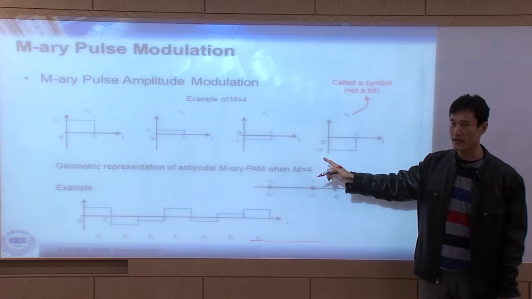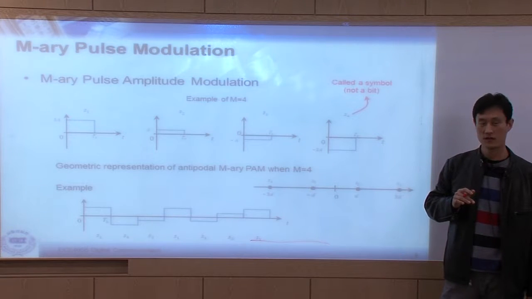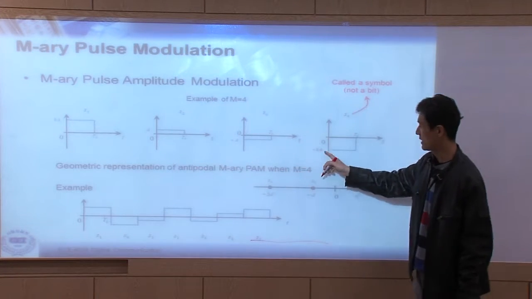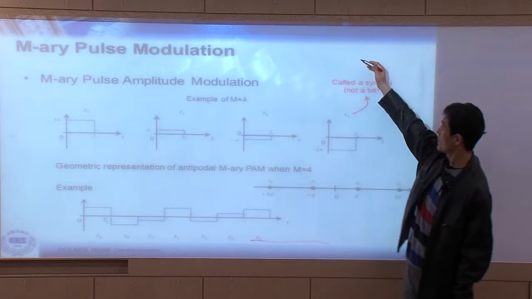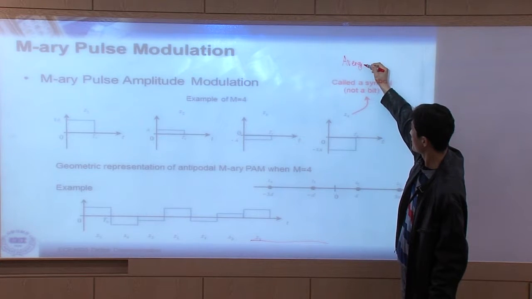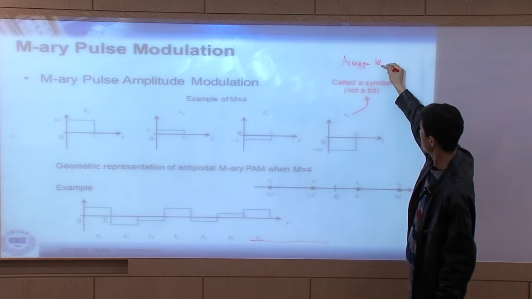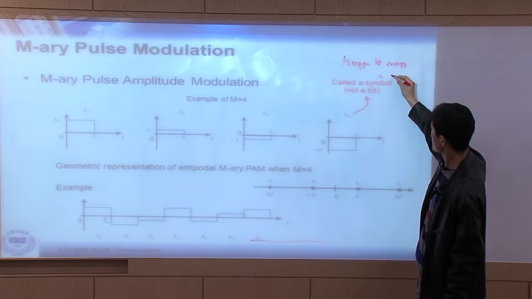I just wrote an A, but I want to calculate the A. This is 3A, A, minus A, minus 3A, but I want to calculate the A. And what I want to do is make my average bit energy equal to EB.